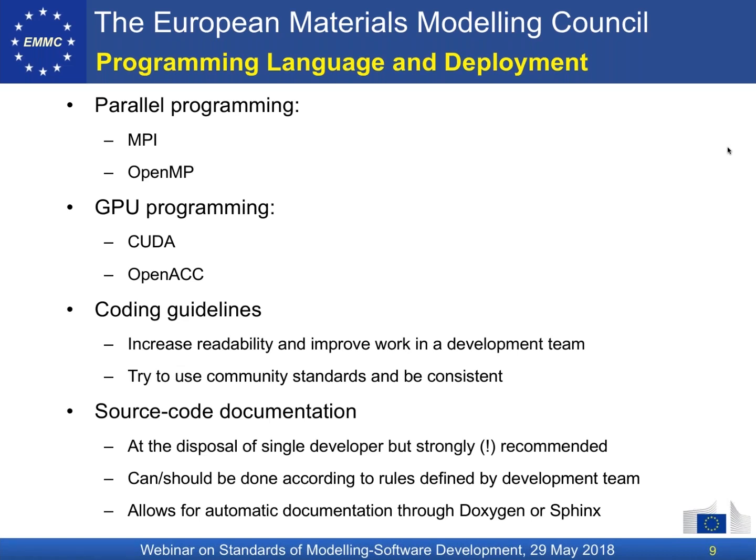The same, of course, holds for source code documentation, which is very important in a development team. There are automatic tools like Doxygen or Sphinx which can be used, but source code documentation is not only important for development teams, but also for single developers, because usually once you have written a piece of code, if you look at that back after half a year, you may have real problems understanding what you have done half a year before.